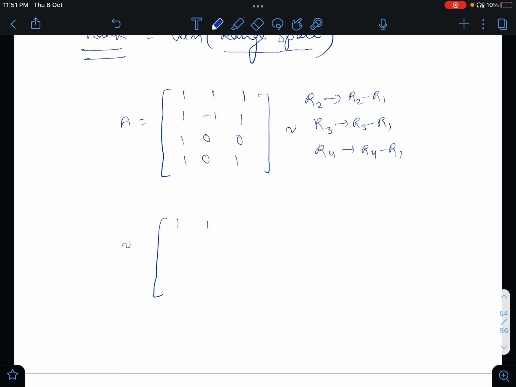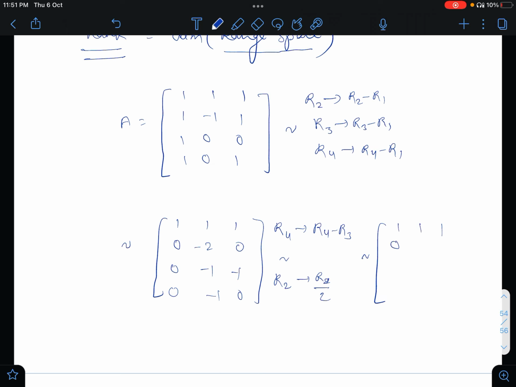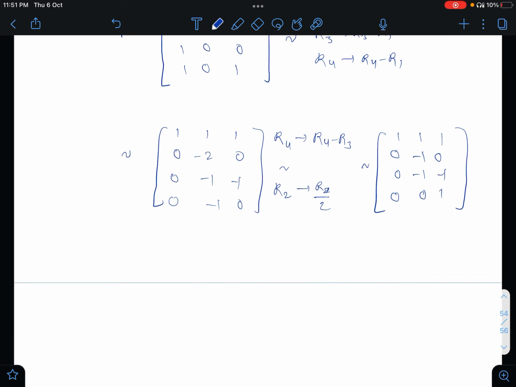This gives us [1, 1, 1; 0, -2, 0; 0, -1, -1; 0, -1, 0]. Now apply R4 to R4 minus R3, and R2 to R2 divided by 2. This gives us [1, 1, 1; 0, -1, 0; 0, -1, -1; 0, 0, 1].